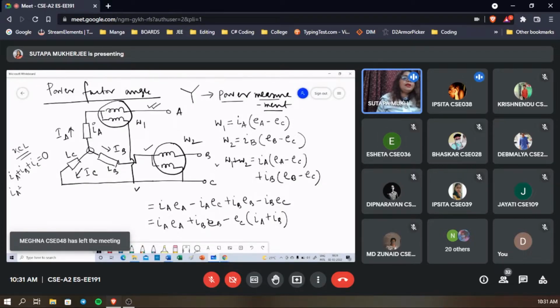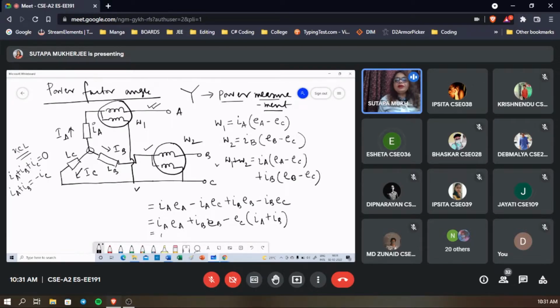So IA plus IB equals minus IC. If you put it here, you get IA EA plus IB EB minus EC into minus IC, which is plus EC IC.